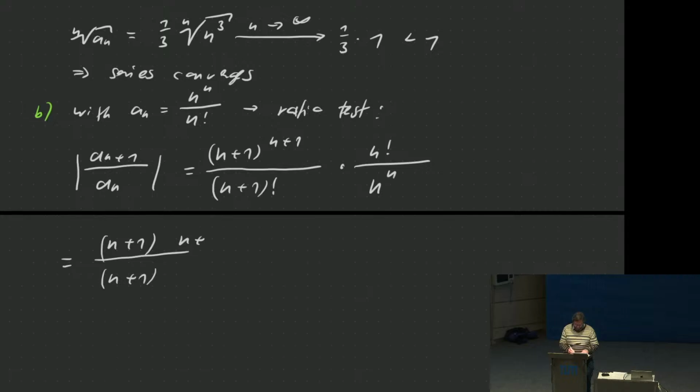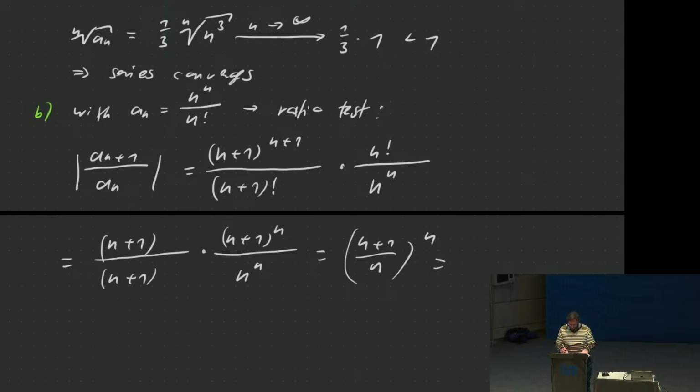So we're left with n plus 1 to the power of n and with n to the power of n. Okay, those two cancel. And the rest, we just rewrite that slightly as n plus 1 over n to the power of n. And now you can hopefully see what's happening here.